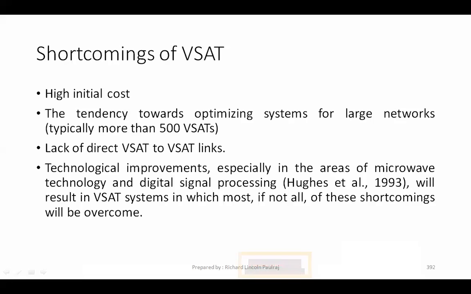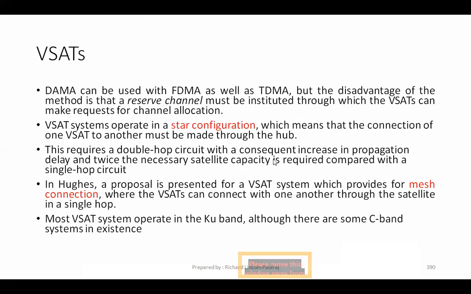The tendency towards optimizing systems for large networks is that typically we need more than 500 VSATs. So if we want a larger network, we'll have to look for more than about 500 VSATs. Then there is the lack of direct VSAT to VSAT link. As I told you, a VSAT cannot communicate directly with another VSAT, but needs to communicate via a satellite.